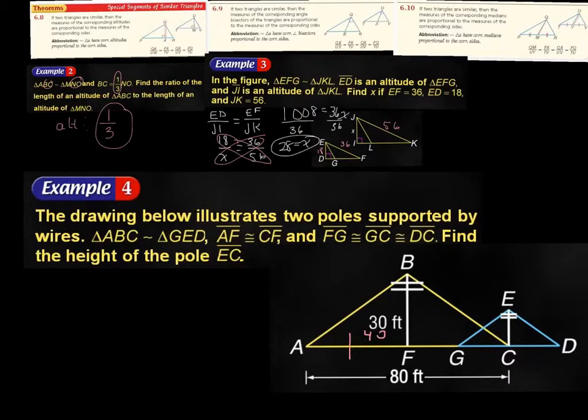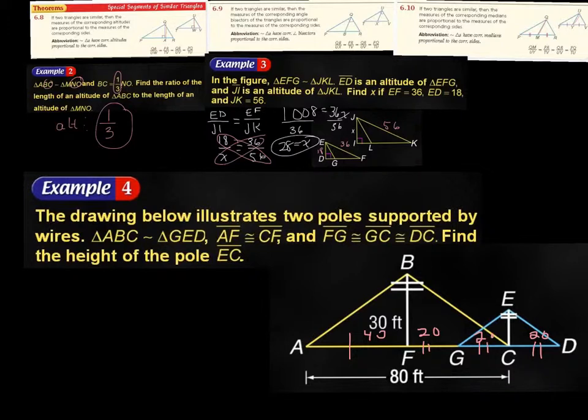And FG is congruent to GC is congruent to DC. So if these segments are the same and they both add up to 40, then they would each have to be 20. So that means that guy is 20. Find the height of the pole EC.